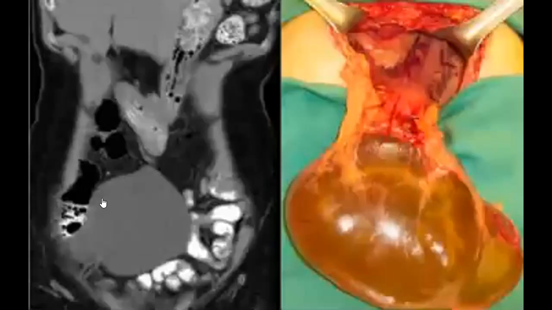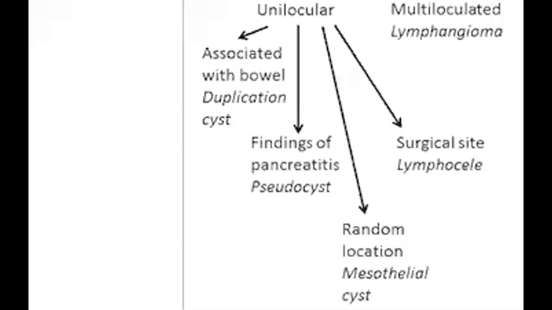Again, another lesion in random location. So you are going to think about mesothelial cyst in random location.